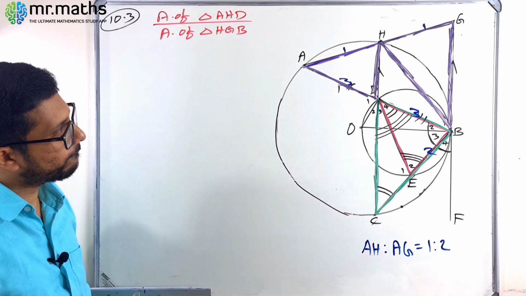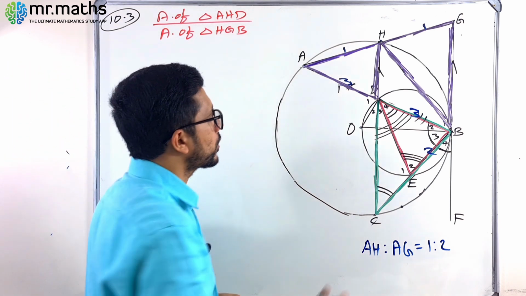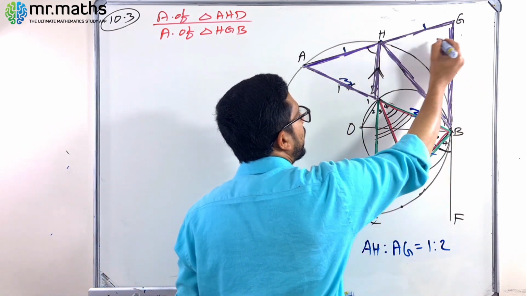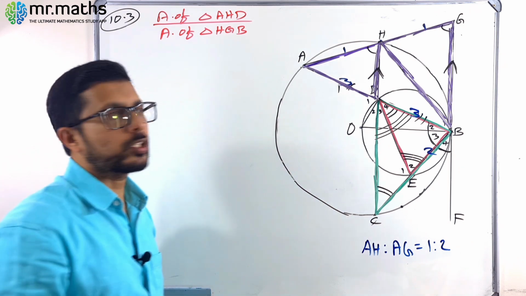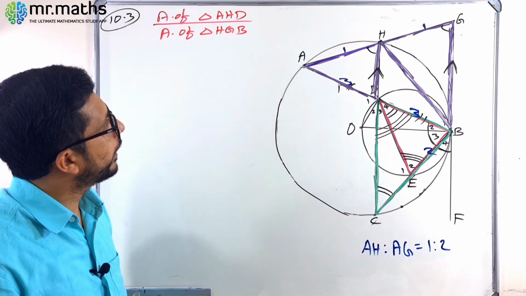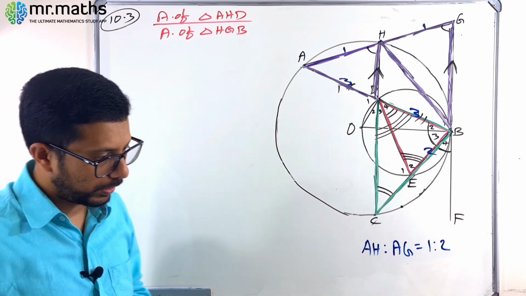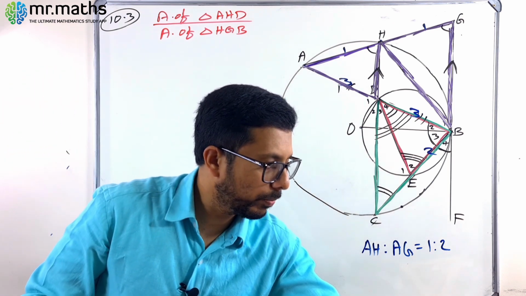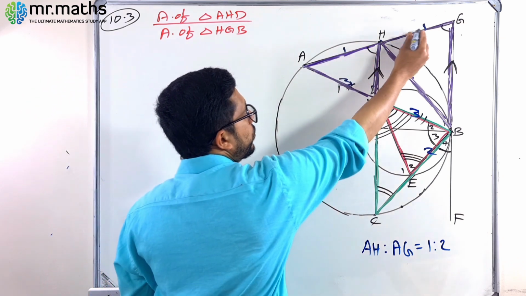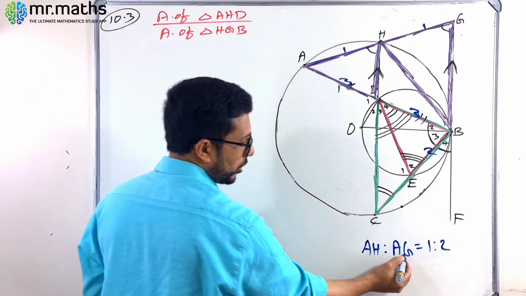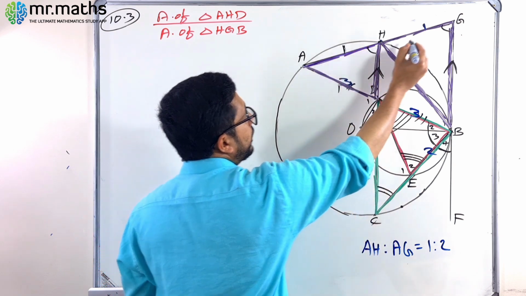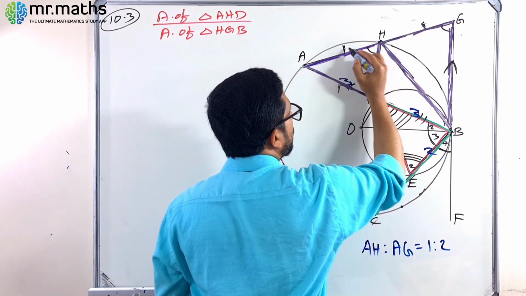Here, can you see it is given in the question that these two lines are parallel. So what about this angle and this angle? Corresponding angles are equal. And at the same time, do you remember AH is to AG is 1:2, meaning this is 1 and this is also 1, then AG is 1 plus 1, 2.